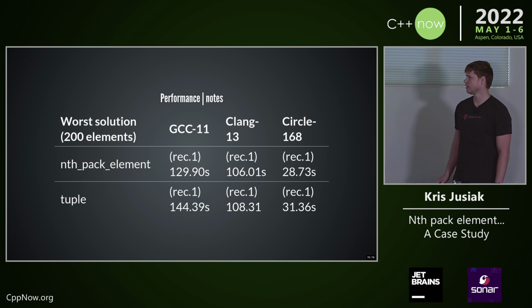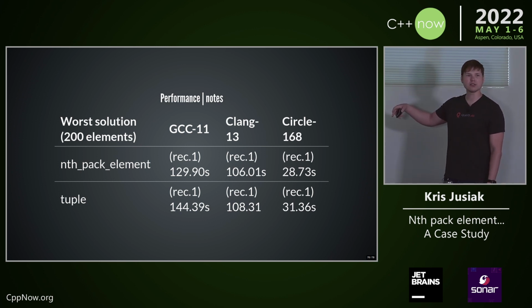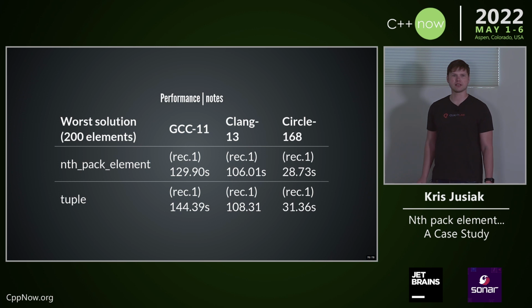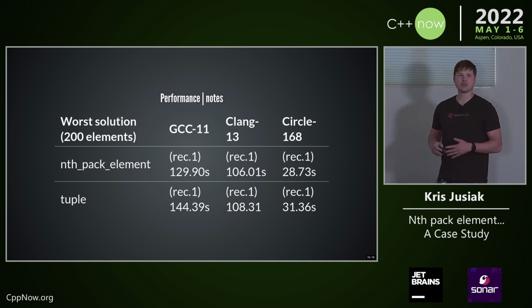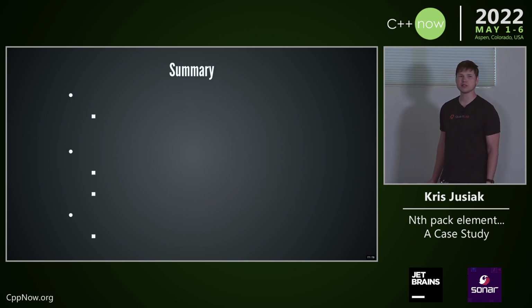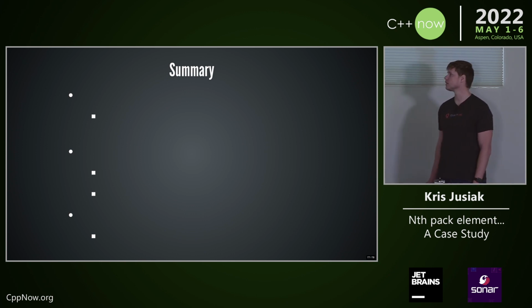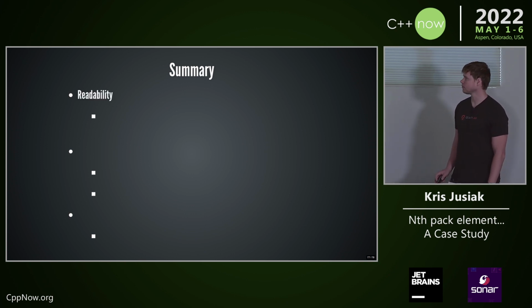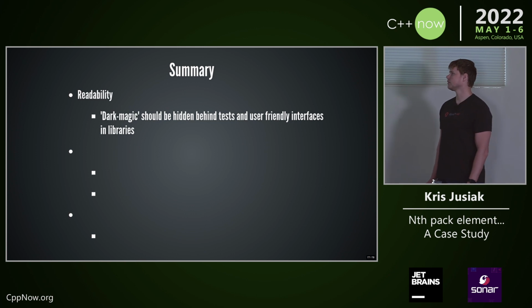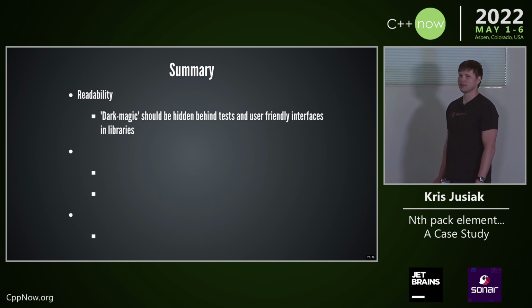Maybe not across different solutions as much, as Circle would destroy all of that. Which is basically the claim of this talk, that if you had the feature support in the language, the compilation performance would be much better. So if it comes to readability, there's a lot of hidden magic sometimes in all those solutions.